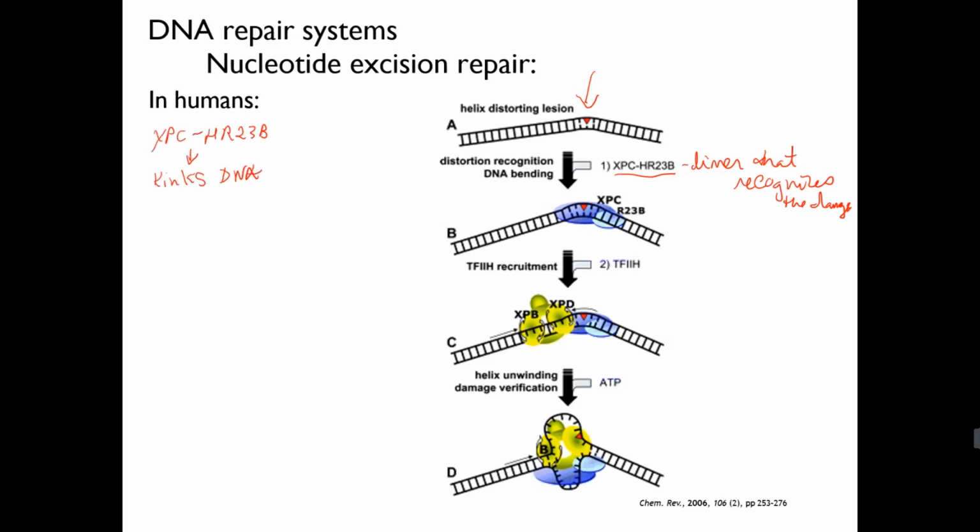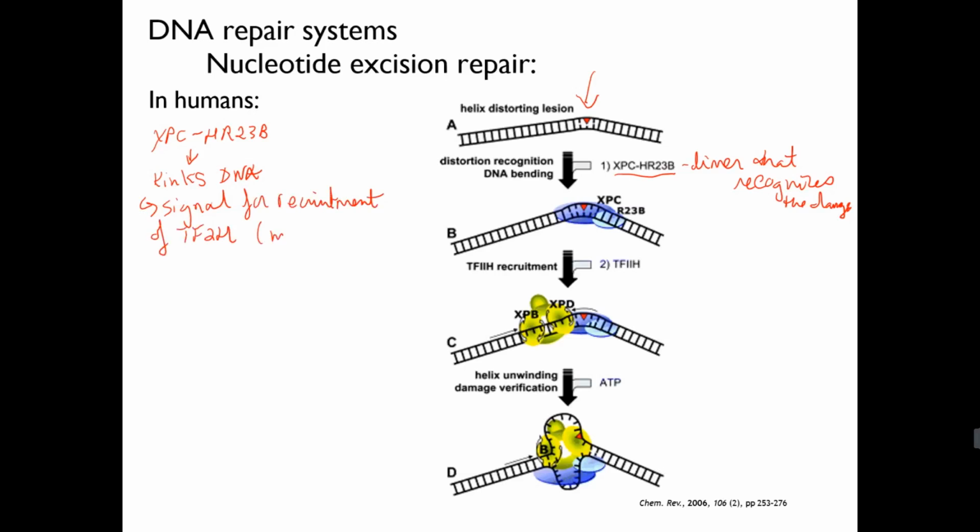And this is important because the DNA bending or kinking is actually a signal for the recruitment of a complex called TFIIH.